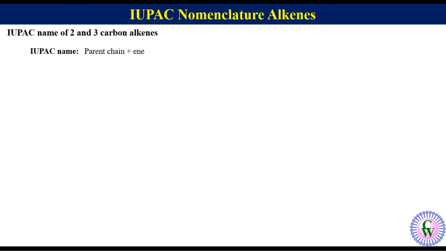While combining these two, there will not be any space, comma or dash because two alphabets are combining together. Thus, CH2=CH2 is named as eth plus ene, which is ethene, and the 3 carbon alkene CH2=CH-CH3 is named as prop plus ene, which is propene.